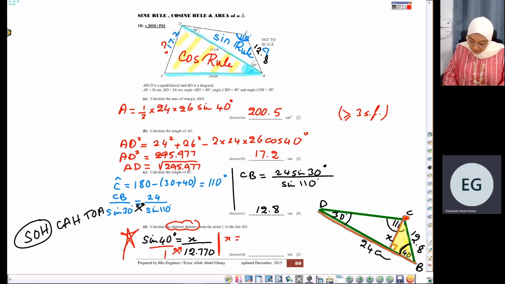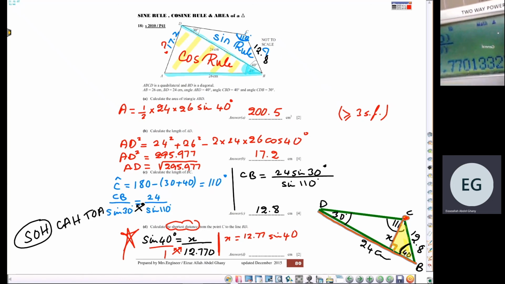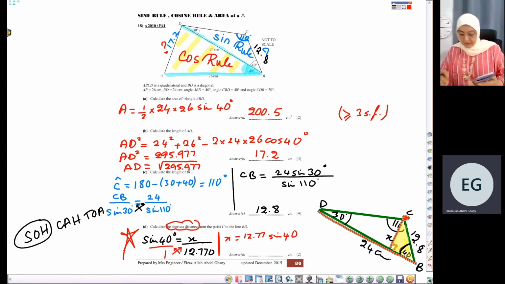It is simply 12.77 sine 40. So it is on the display now in full detail: 12.77013327. You just write answer times sine 40. So simple. The answer will be 8.208, rounded to be 8.21.